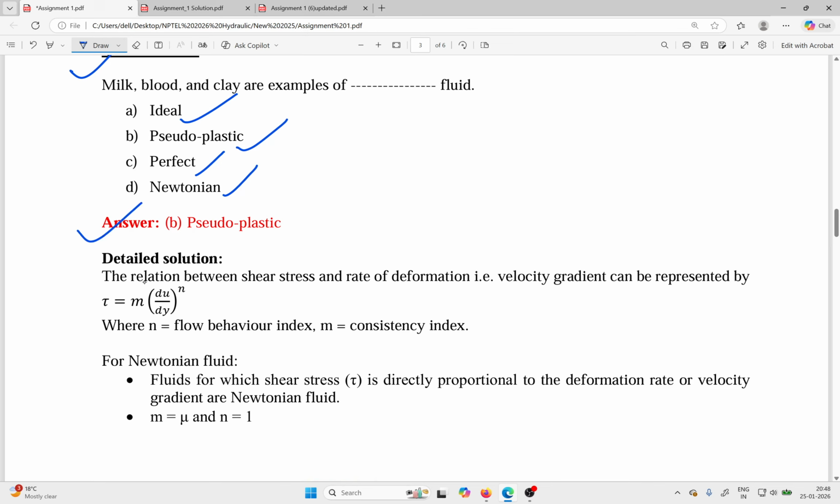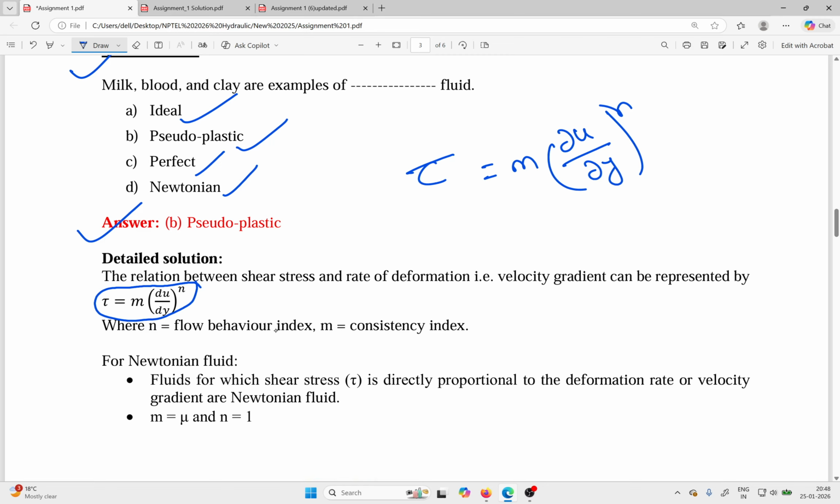Detailed solution. The relation between shear stress and rate of deformation, that is velocity gradient, can be represented by this formula. Here you can see tau is equal to m times (del u by del y) to the power n.